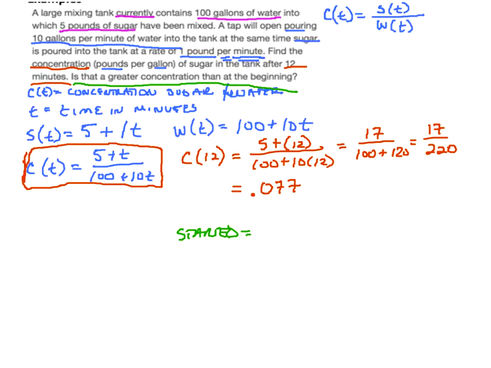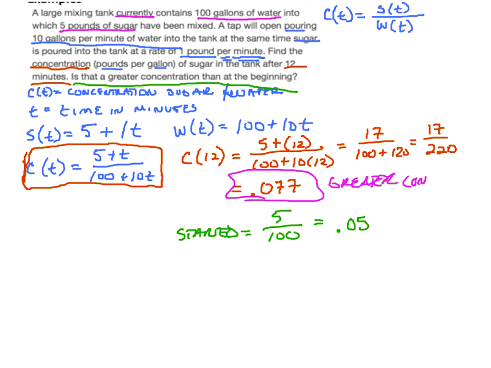The last question that they ask you to think about, though, is, is that a greater concentration than what you started out with? Well, what I started out with, I started with 5 pounds of sugar, 100 gallons of water. When I do that division, I get 0.05.